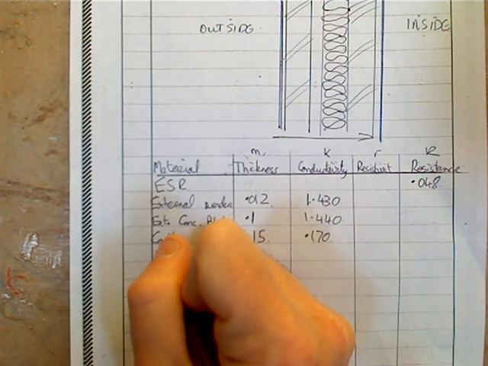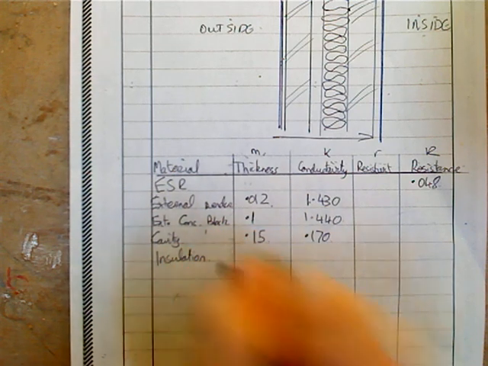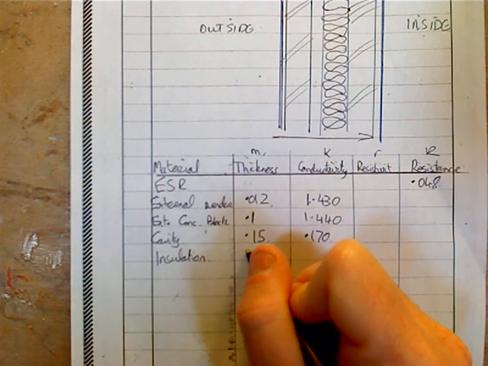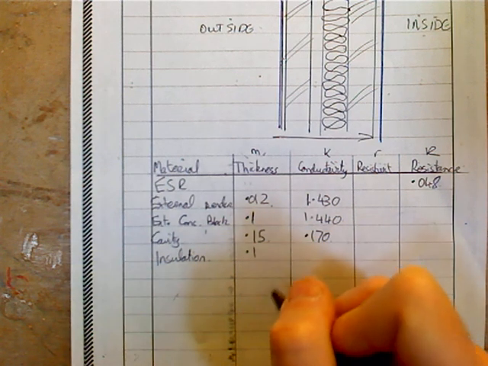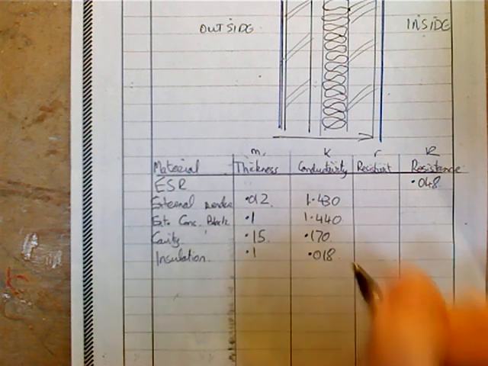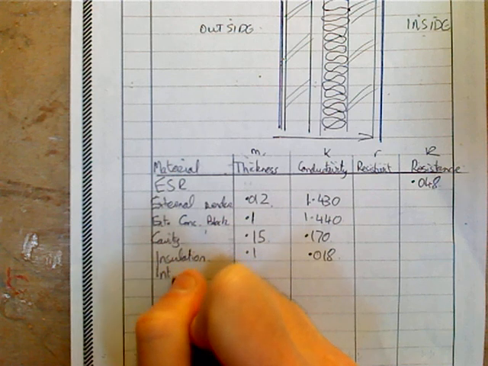We have our insulation, which goes into the cavity, and its thickness is 0.1 as well, and the conductivity value for the insulation is 0.018. Then we have our internal concrete block.